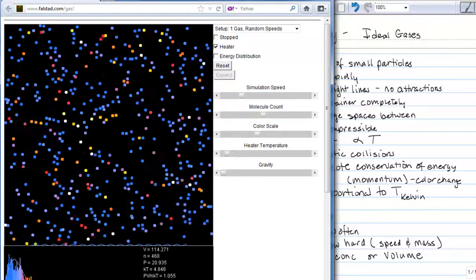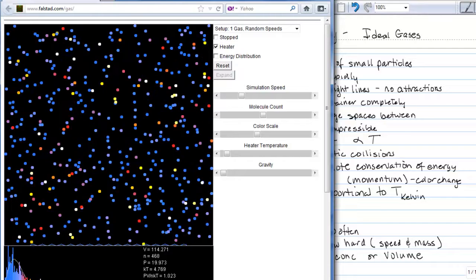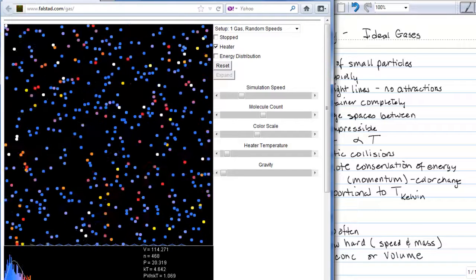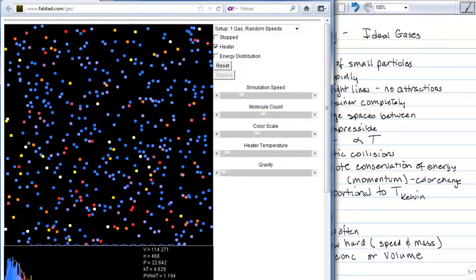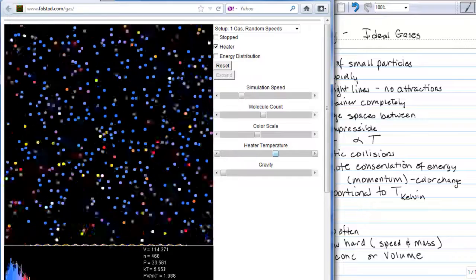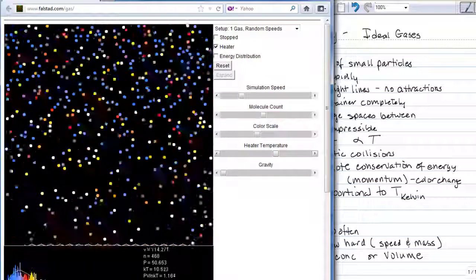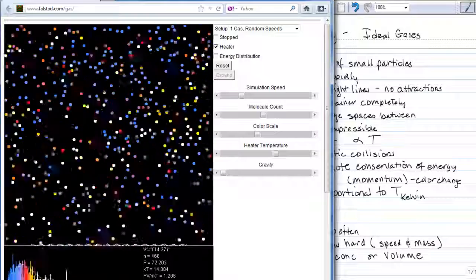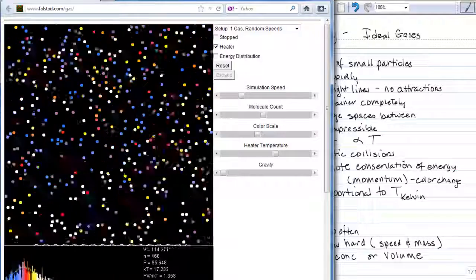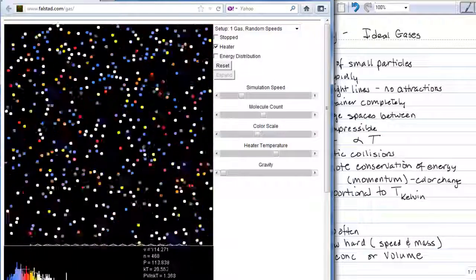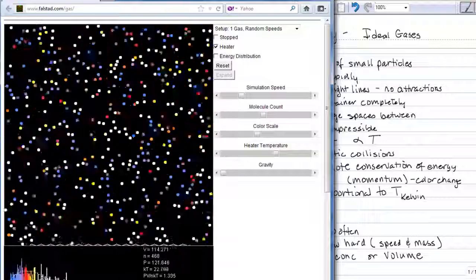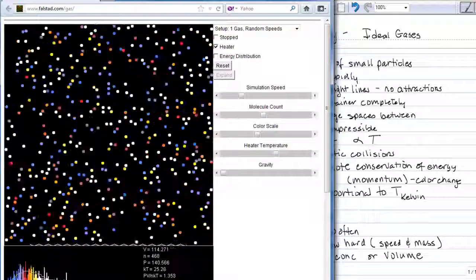But also, you can imagine that the pressure is going to be greater in this case because there are more particles hitting the surface. Now, if I speed those up, we're really going to have quite a bit of pressure going on, because there are a lot of these particles, and they're going to hit the sides of the container often.